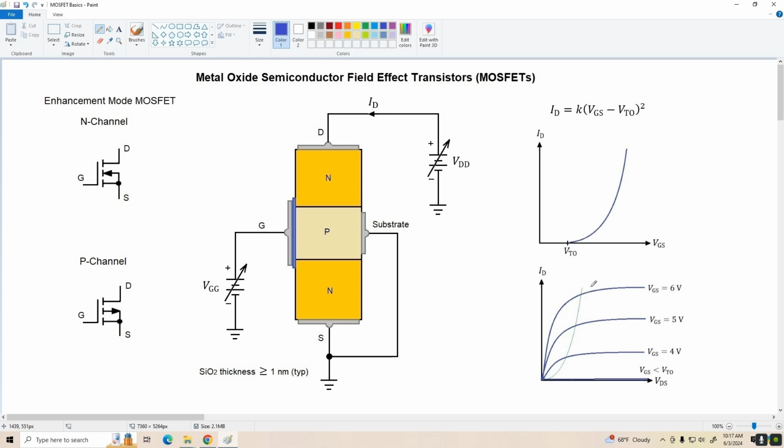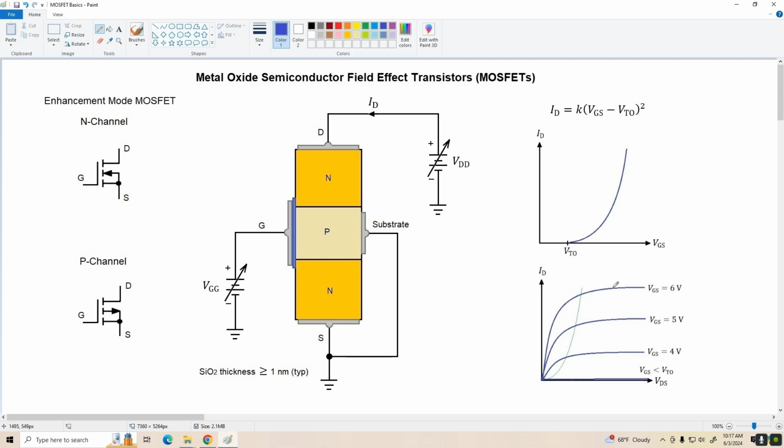By the way, I usually refer to this region where the curves flatten as the active region. It's also called the saturation region because that's when the conductive channel between the drain and source is saturated. Likewise for a JFET, the conductive channel is also saturated in this region, unlike a BJT where saturation is over on the left-hand side.